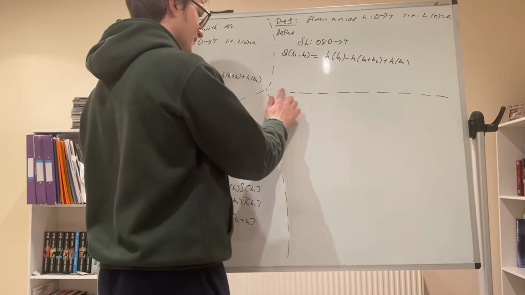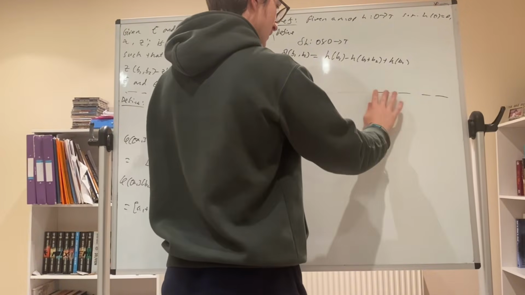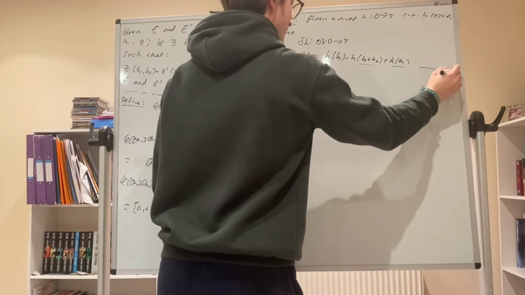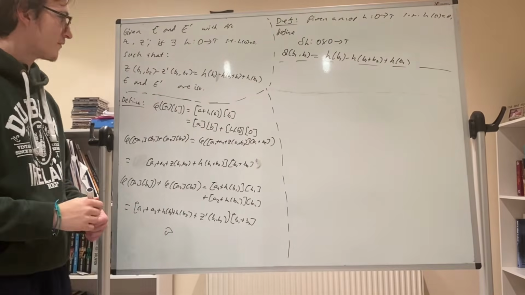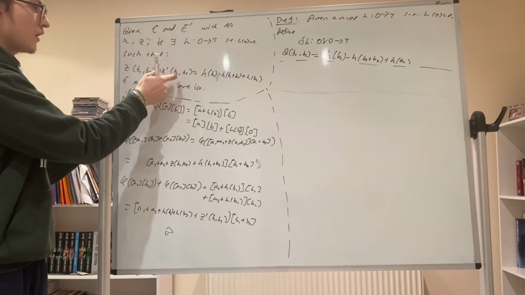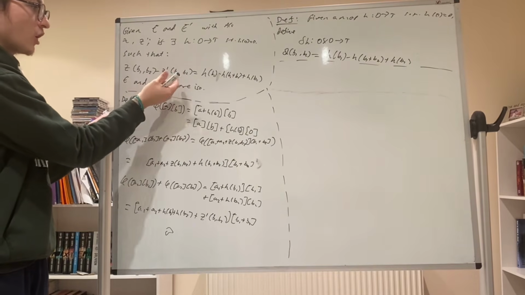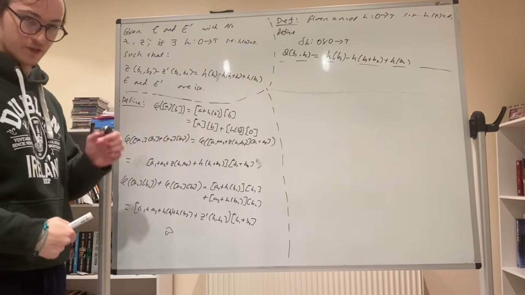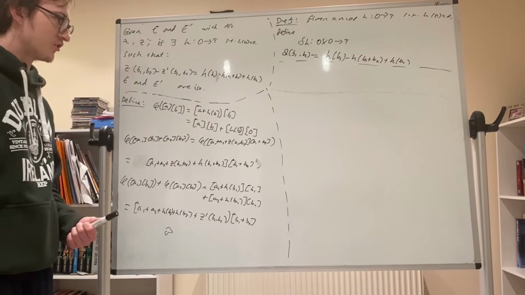Now, okay, here's where things get cool. So we have, if two cocycles differ by a coboundary, then E and E prime are isomorphic.